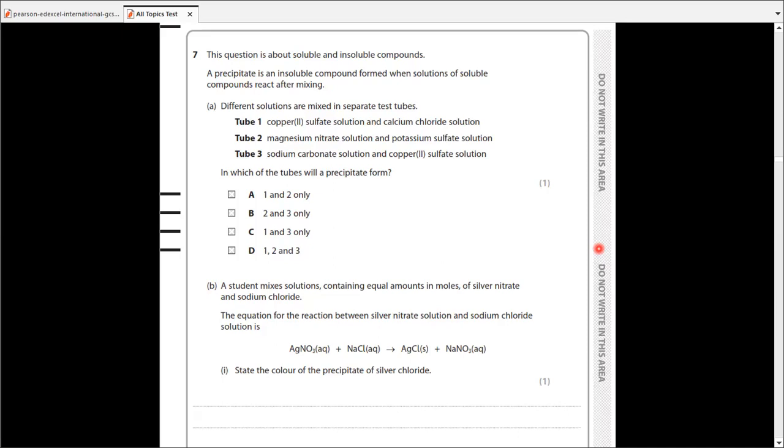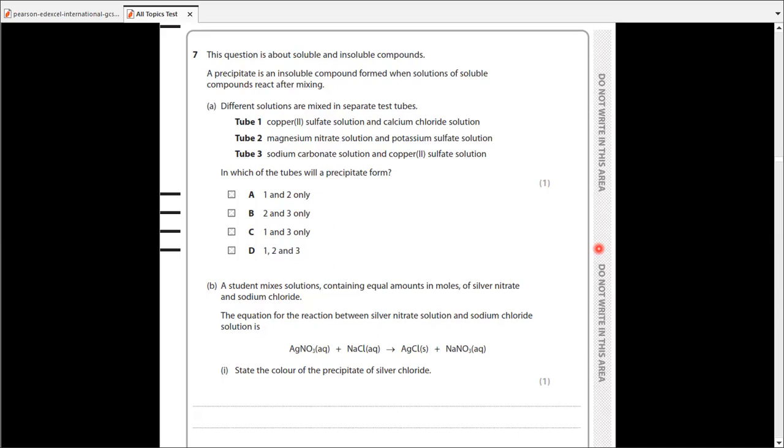Copper sulfate solution and calcium chloride, magnesium nitrate solution, and potassium sulfate solution. Copper sulfate solution, sodium carbonate... different precipitate. Only one, two.